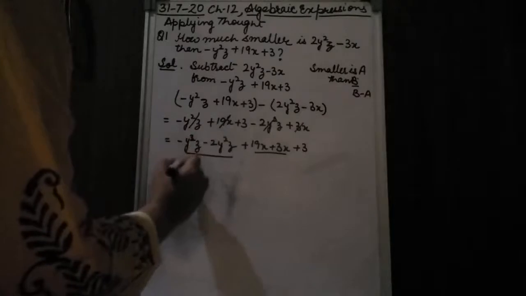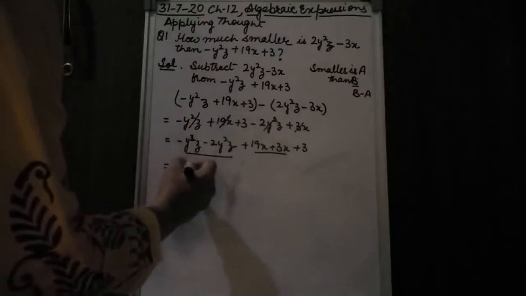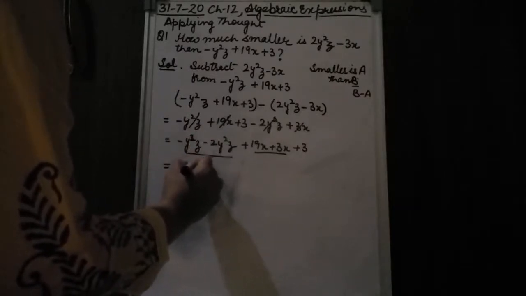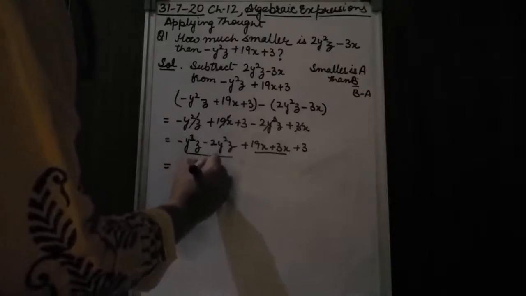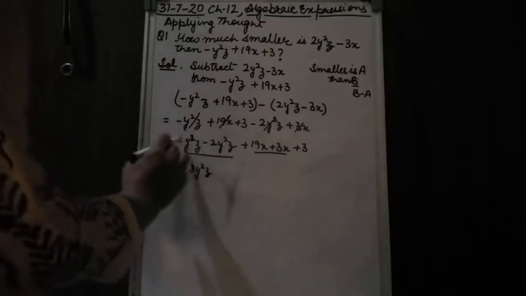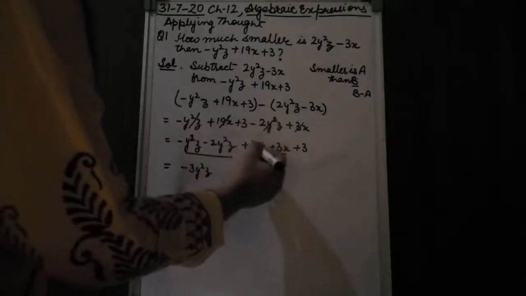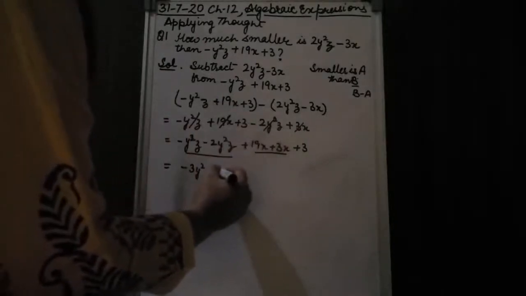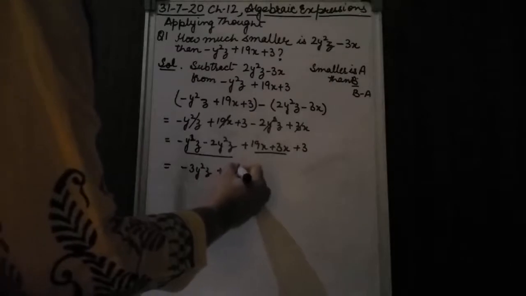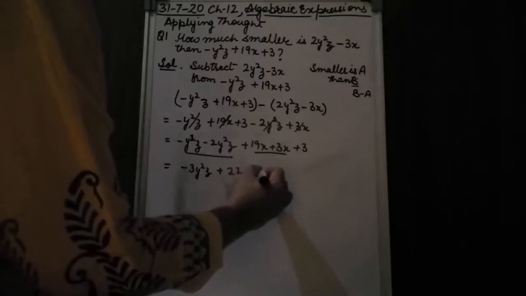So minus minus, both are negative, so you are going to add them. So minus 3y square z, as here is 1 minus 1 and minus 2 minus 3, both are positive, again they will be added, plus 22x and plus 3.